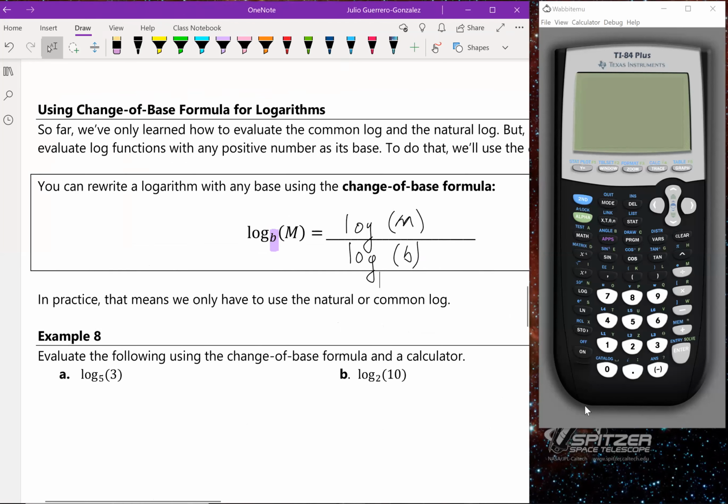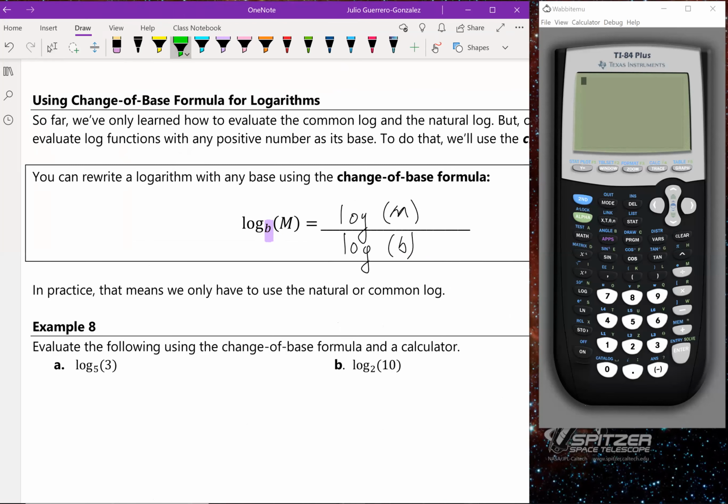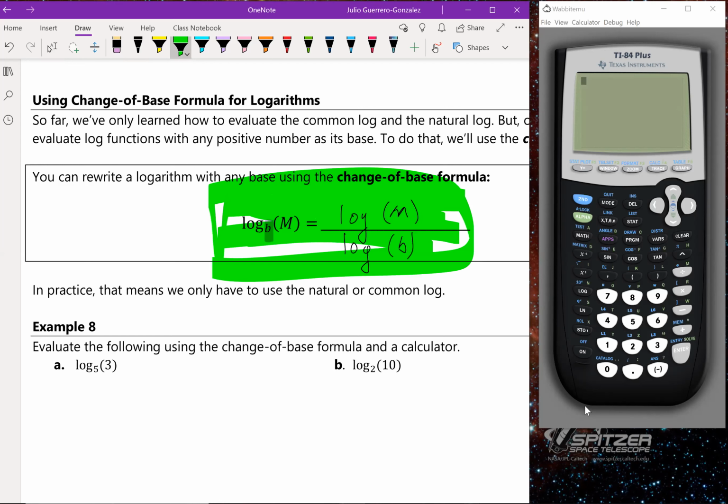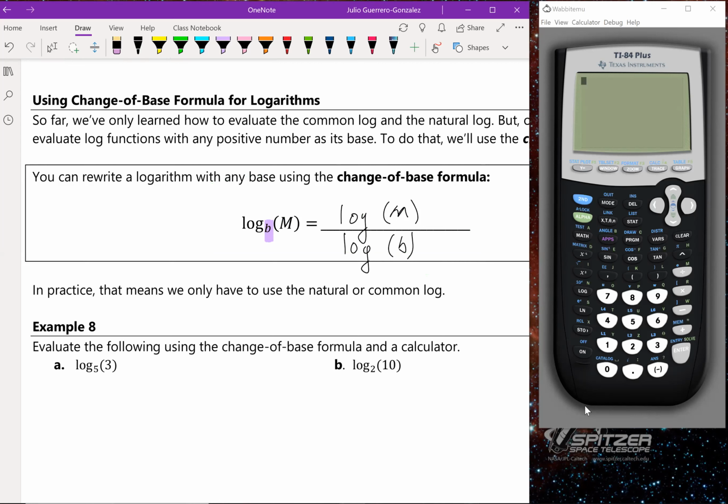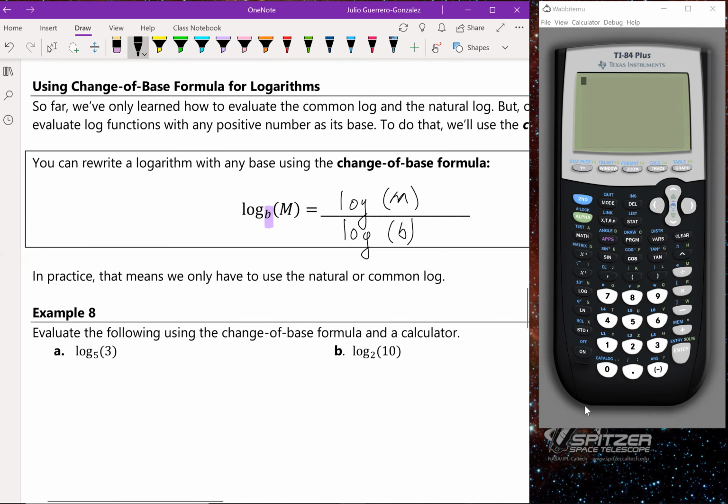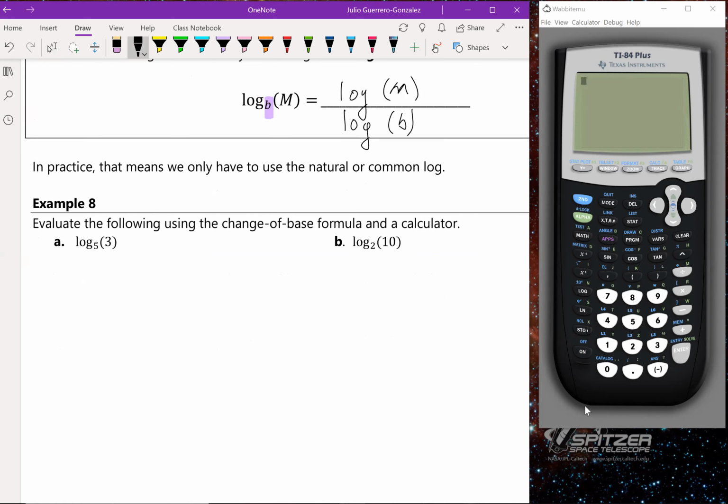So in order to calculate logarithms, you can either use this equation right here, which is actually the old school method, before we had our newfangled TI-84 calculators, or now that we do have our new calculators, we can calculate them using some functions that are already built in. So, for example, example 8, this would also be equal to log of 3 divided by log of 5, right?